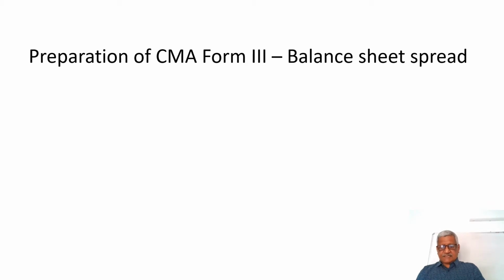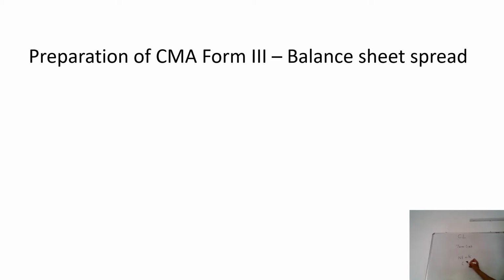When the balance sheet is analyzed as per form number 3, the first one which comes is the current liability, followed by term liability, then comes the net worth.